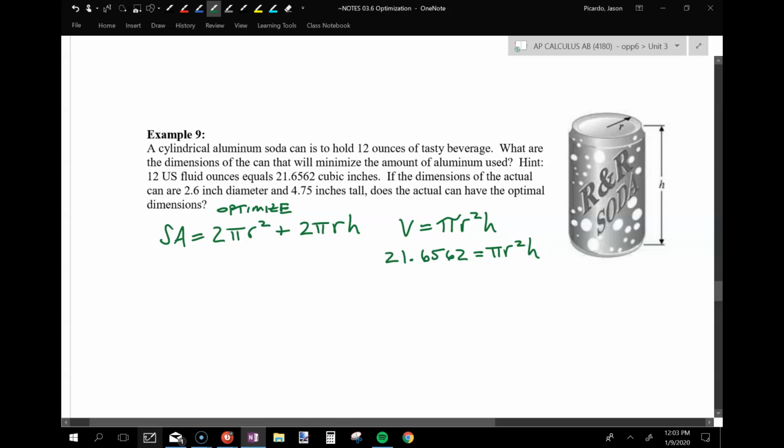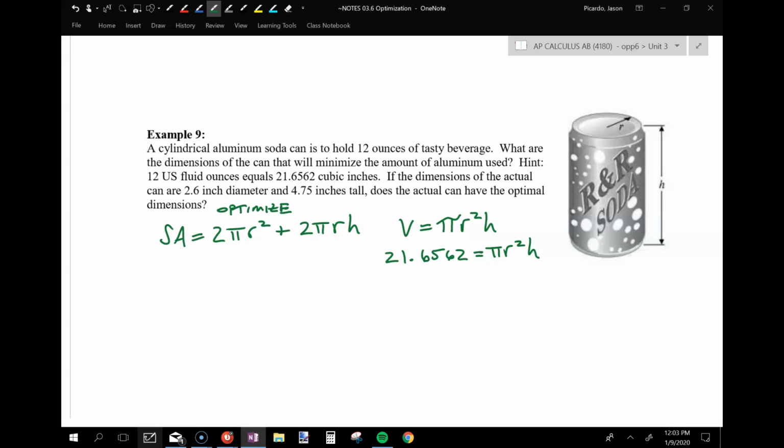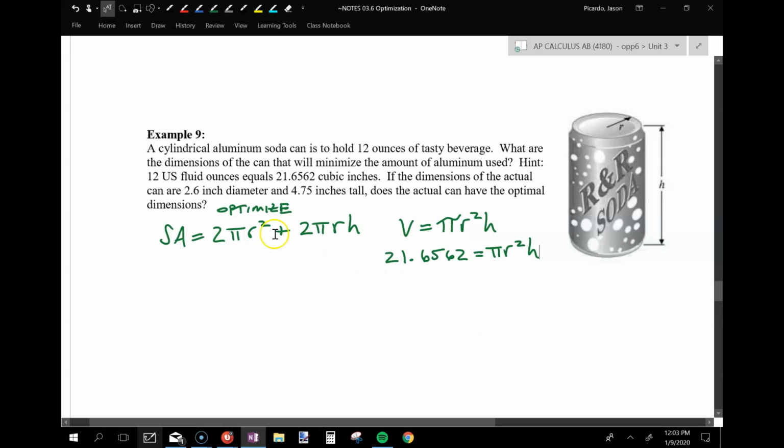All right, cool. Well, what did we do with the other problems when we got to this point? Well, we solved for something and we plugged it into the other one, right? Because if we're trying to optimize this, we only want one variable. Well, I have an r here, I have an r here, I have an h. I can solve for r or h. Which one do you want to solve for?